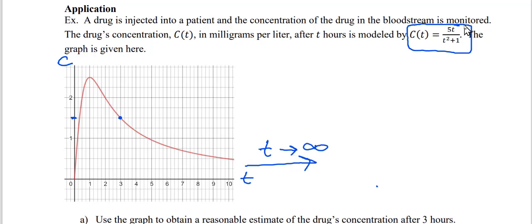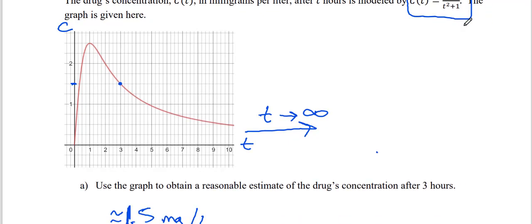To find a horizontal asymptote, we compare the degree of the numerator with the degree of the denominator. The degree of the numerator is smaller than the degree of the denominator.